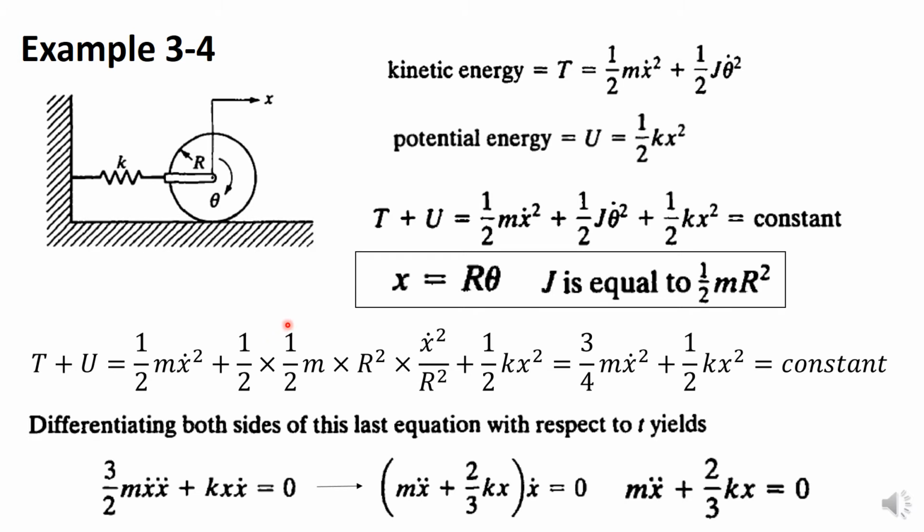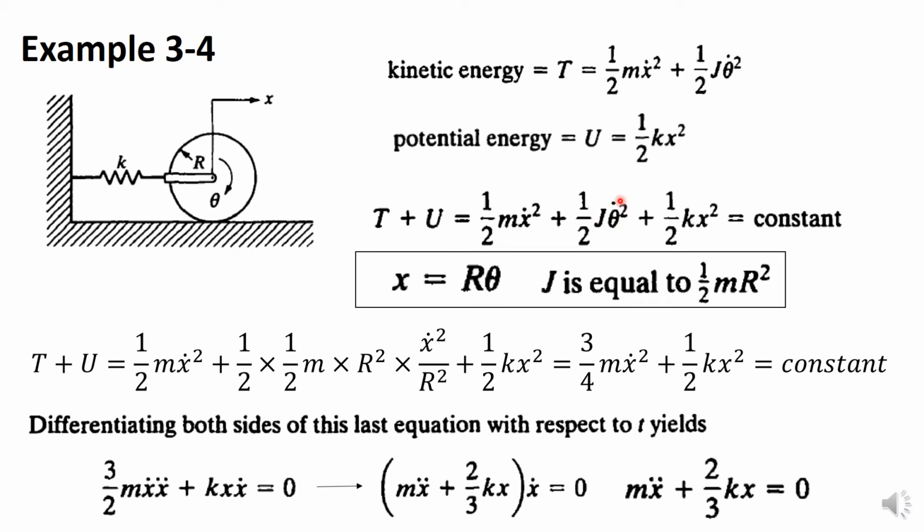So this part, we replace J with 1/2 m r squared, and then replace theta dot with x dot over r. So we will get x dot squared over r squared here, and this will be the same term.